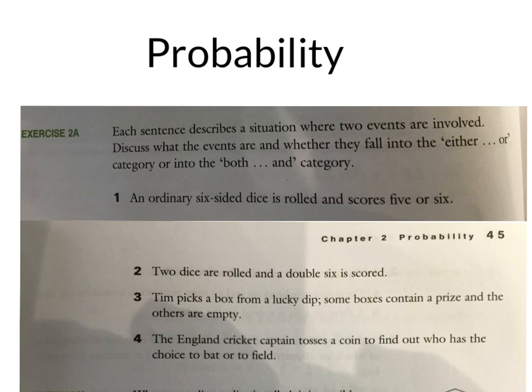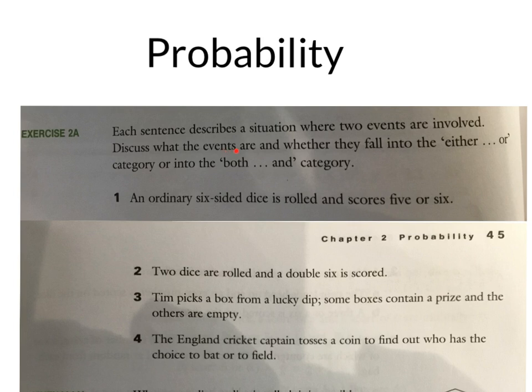So exercise 2A. Each sentence describes a situation where two events are involved. Discuss what the events are and whether they fall into the either-or category or into the both-and category. So we'll have to recap those categories. They'll make more sense when we do the questions. So number 1, an ordinary 6-sided dice is rolled and scores a 5 or 6.